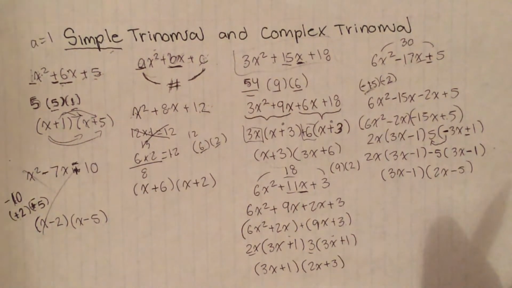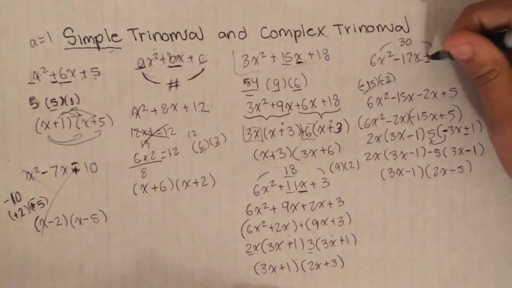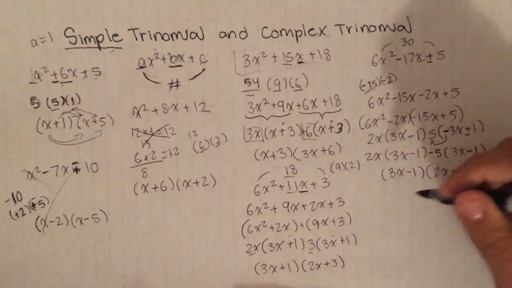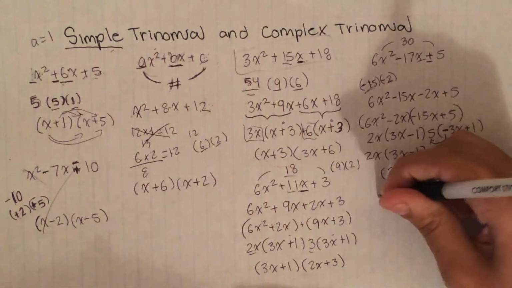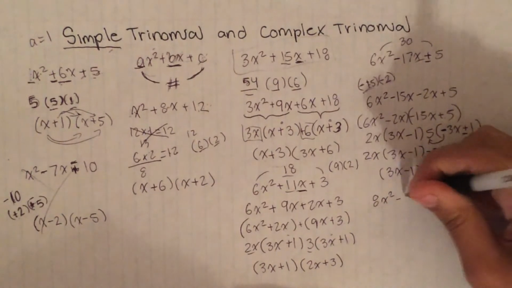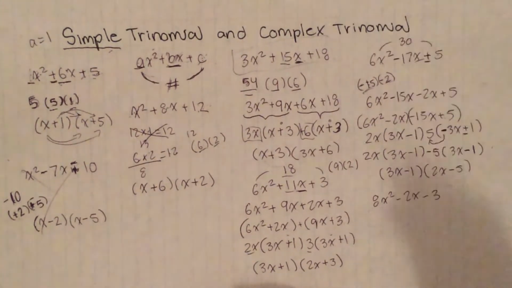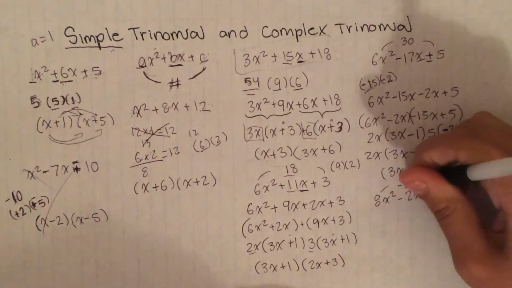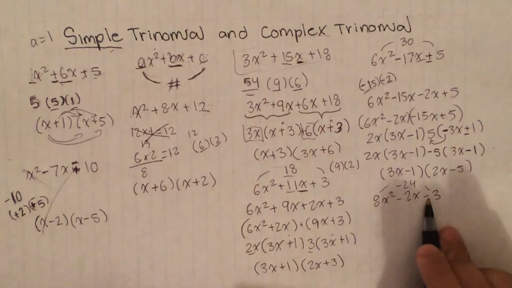So I'm going to do one more example just to show you when C is also negative, and that's basically it. Okay, so let's have the example 8x squared minus 2x minus 3. We're going to multiply these two, which gives us negative 24, because C is now negative.